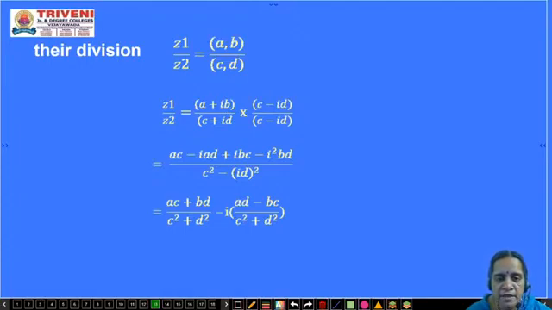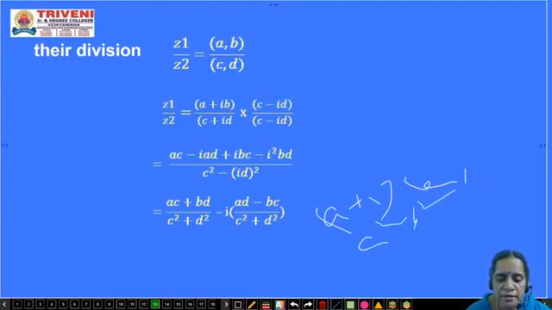In place of plus we put minus: c minus id by c minus id. Then we multiply the numerators and denominators. Numerator: ac minus iad plus ibc, minus into minus, minus i square bd. In the denominator we have c plus id into c minus id. This is in the form of a plus b into a minus b, that is a square minus b square.